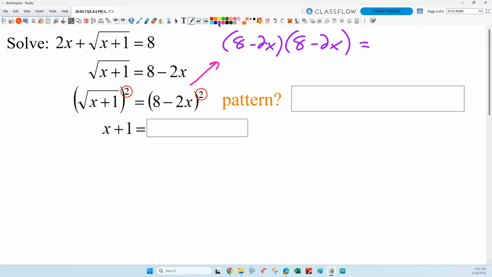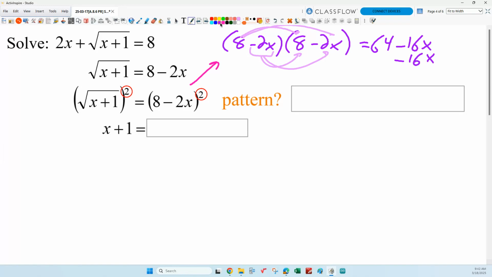If I distribute the 8, what's 8 times 8? 64. 8 times negative 2x, there you go, negative 16x. If I distribute the negative 2, negative 2x times 8 is another negative 16x.